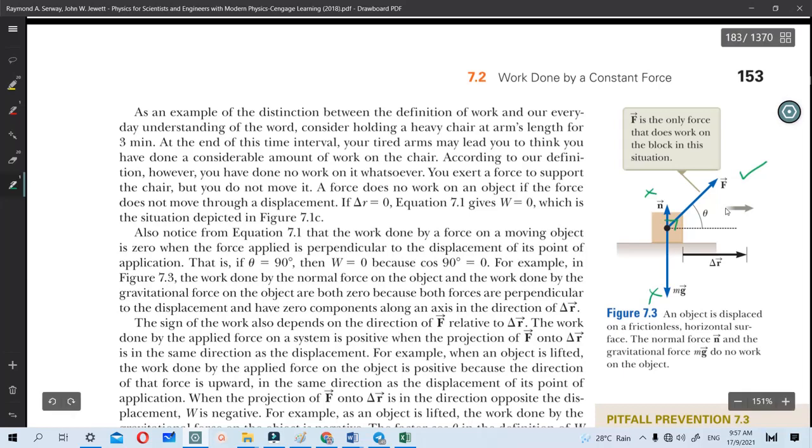So when it is perpendicular, substituting normal force times cos 90 times the displacement will give you a product of 0. In short, there is no work due to the normal force or mg. However, the force exerted by pulling the block will result in the motion, the displacement of the block. So the system now moves because the environment is acting a force on the block.